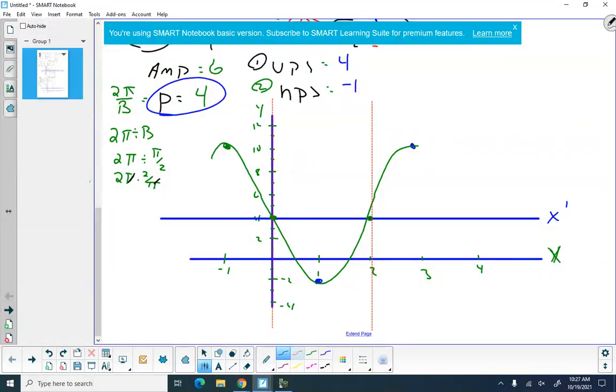Now we're talking about secant cosecants. We have our asymptotic parabolas. So from any valley and any peak, we are asymptotic with our parabolas.